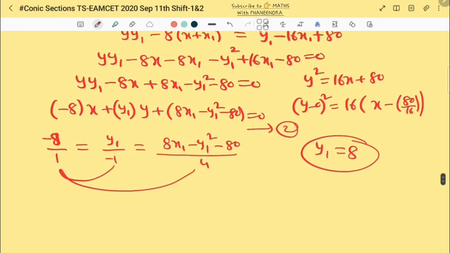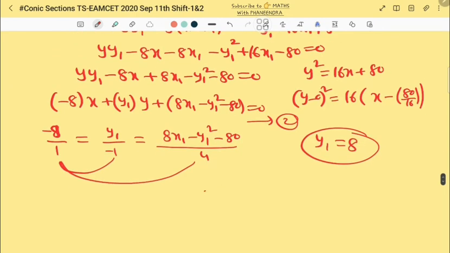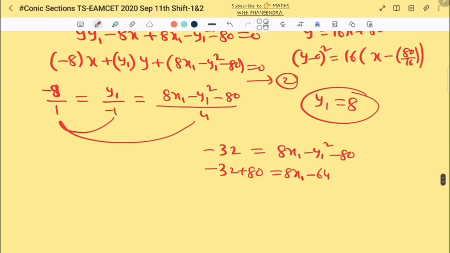Next, equating these two, minus 32 is equal to 8x1 minus y1 square minus 80. The y1 value is 8, no? So minus 32 plus 80 equal to 8x1 minus 64. That 64 we can take to this side: minus 32 plus 80 plus 64 equal to 8x1.